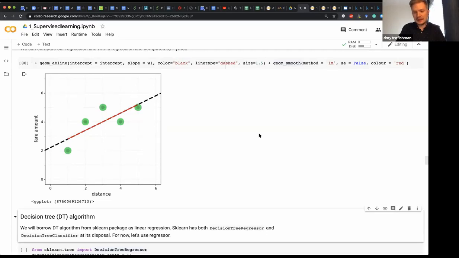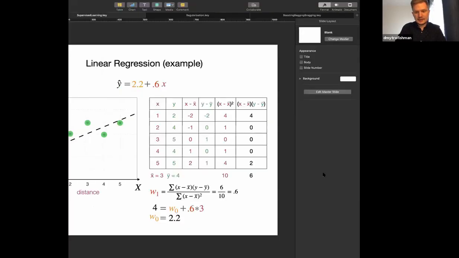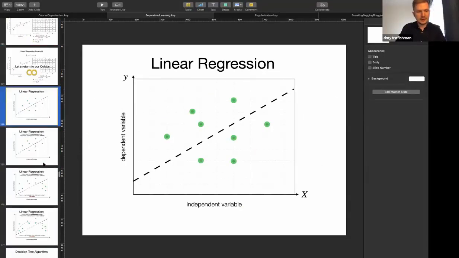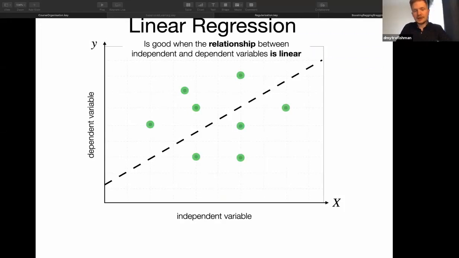All right. Now we go back to the lecture slides. This was a short introduction to linear regression. Linear regression is a very nice algorithm when the relationship between independent and dependent variables is linear.